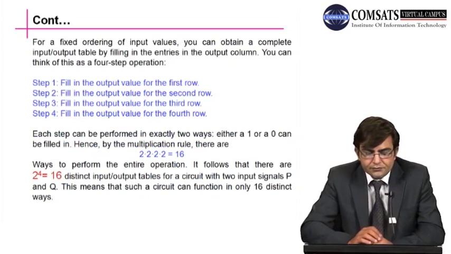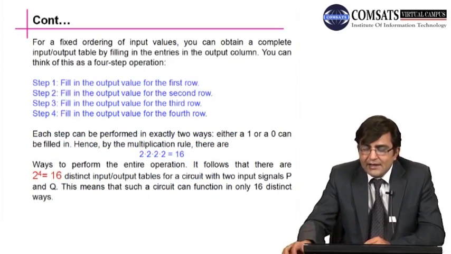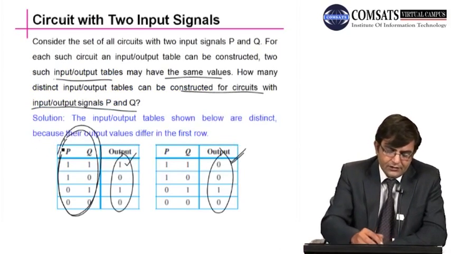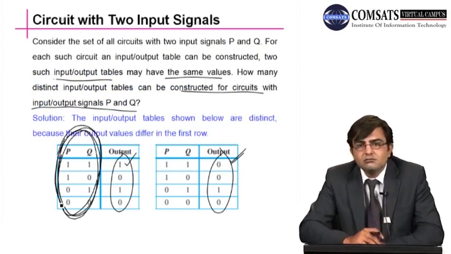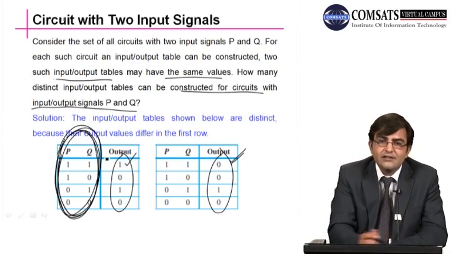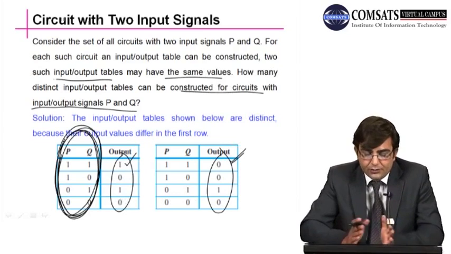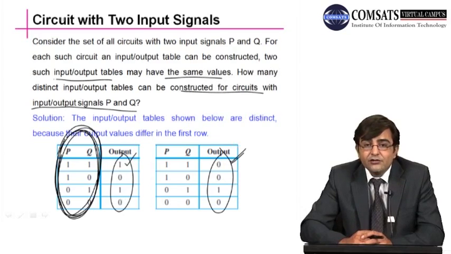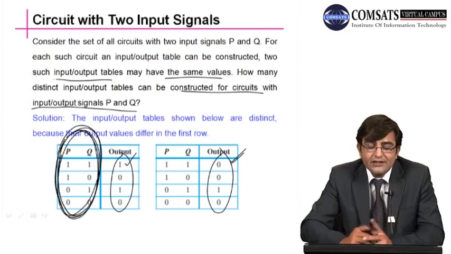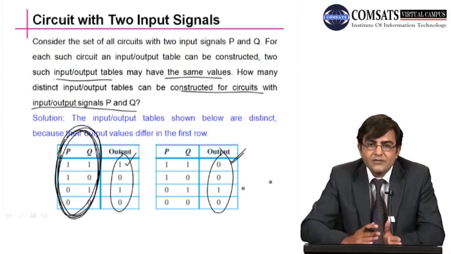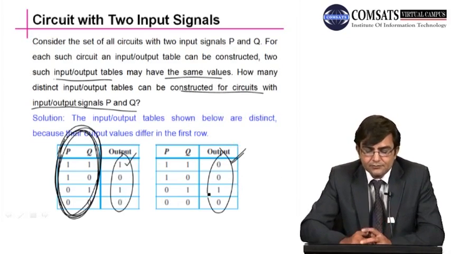Now, as I have told you, the possibilities of input signals are the same, because here we must have 1, 1, 1, 0, 0, 1 and 0, 0. There are no other possibilities for the input signals. What we have to find is how many distinct input-output tables can be constructed for these input signals.